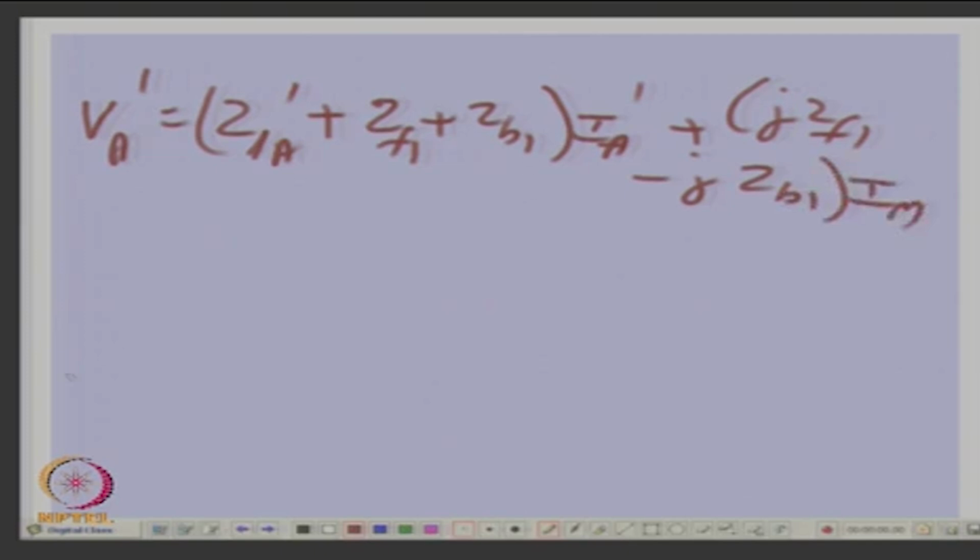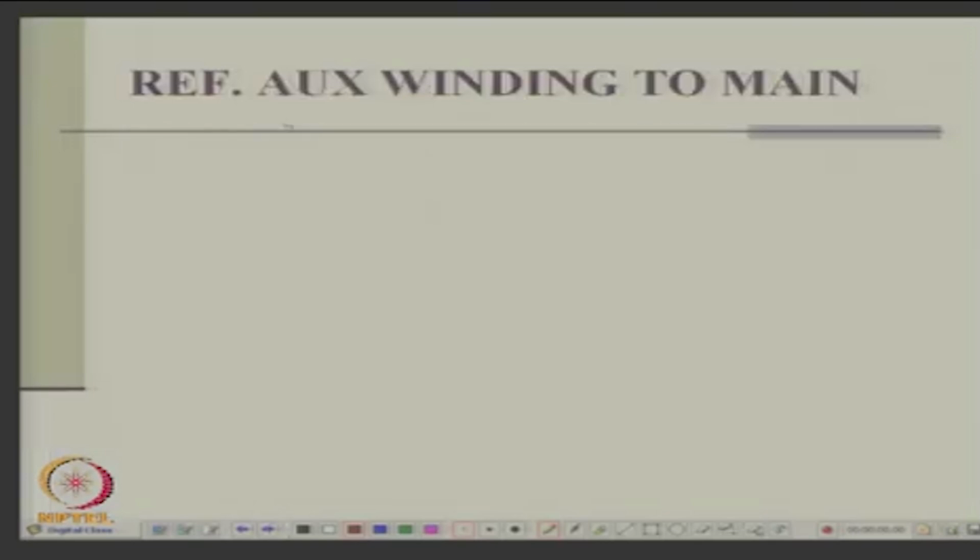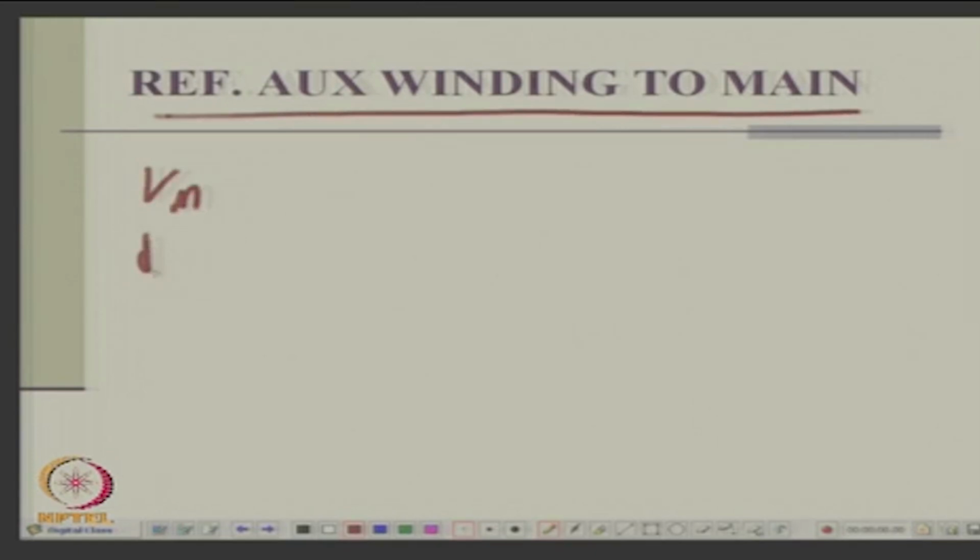So, the earlier one gets transformed to the main winding turns. So, we have referred the auxiliary winding to main turns like this. So, we have Vm, Va dash, we have the equations.